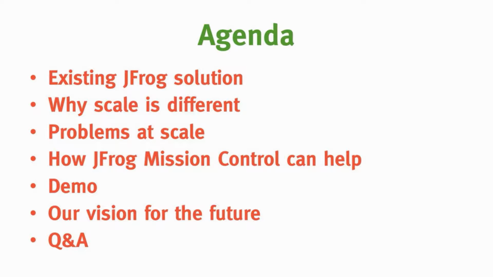What we learned from our most scaled users, the biggest users that we have, which problems they have, and how our new Mission Control can help. And then, of course, we will see a demo, and we'll speak a little bit about what we plan next, and hopefully we will have a lot of questions in the Q&A.